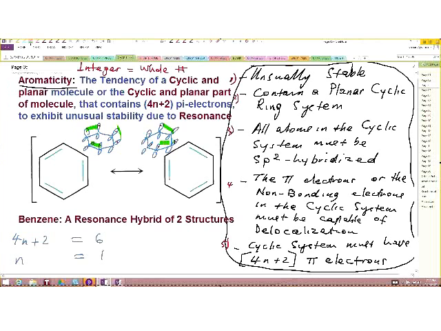These two structures here, let us call this A and B. These are resonance structures for benzene. In other words, because of resonance, benzene is unusually stable. And that is why it does not undergo the regular reactions of the carbon-carbon double bond.